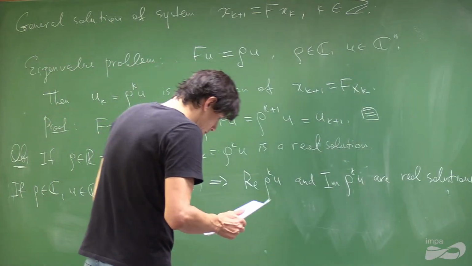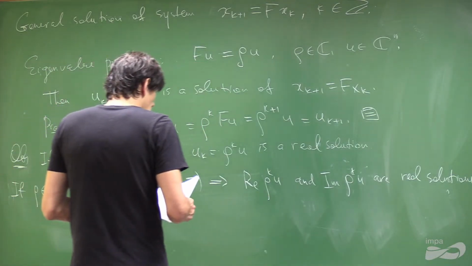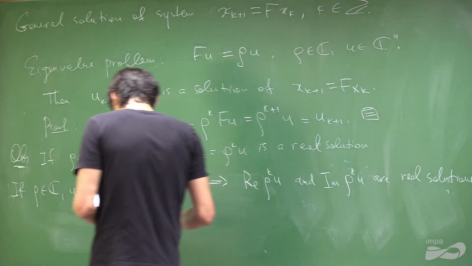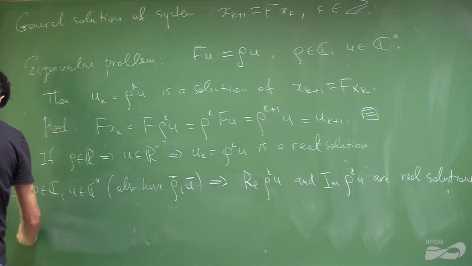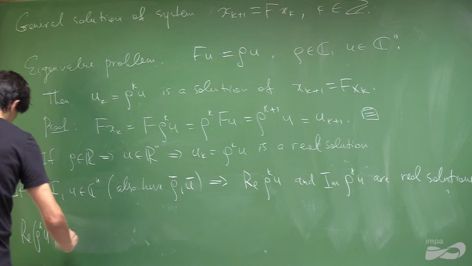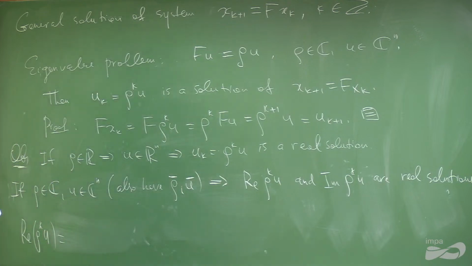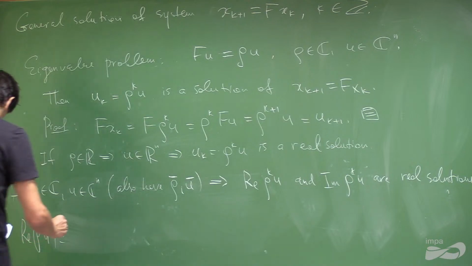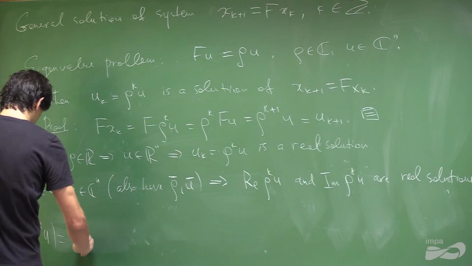So for example, what is the real part, the imaginary part, we can just remember what it is. So the real part of this expression: you can take out the absolute value of rho, right?